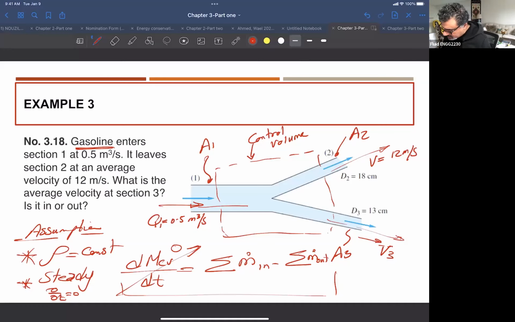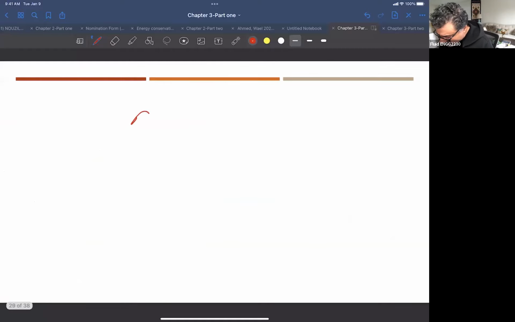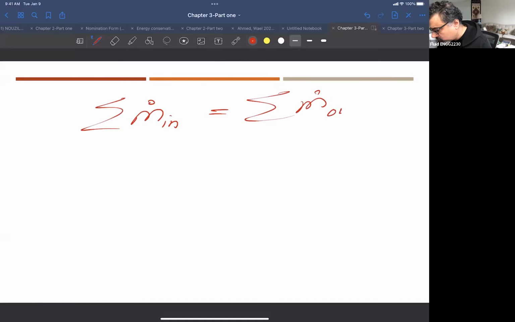It looks very simple here: the mass in equal to, of course, summation of mass out. Out here is actually 2, and in is 1, right? So I can say, for example, I can divide by density, right?